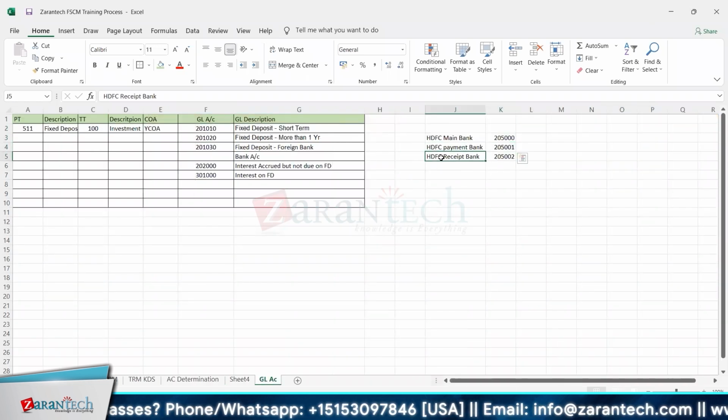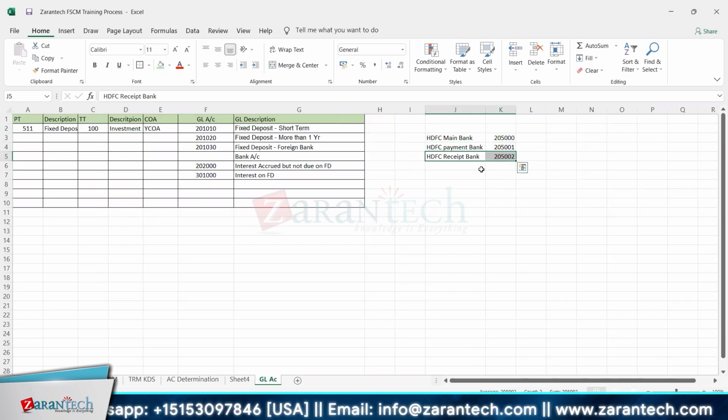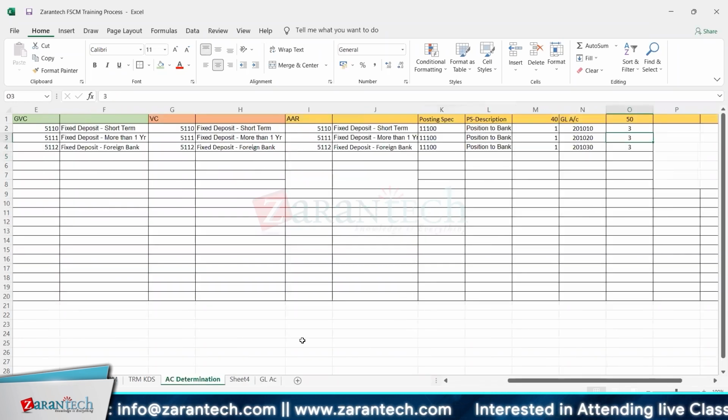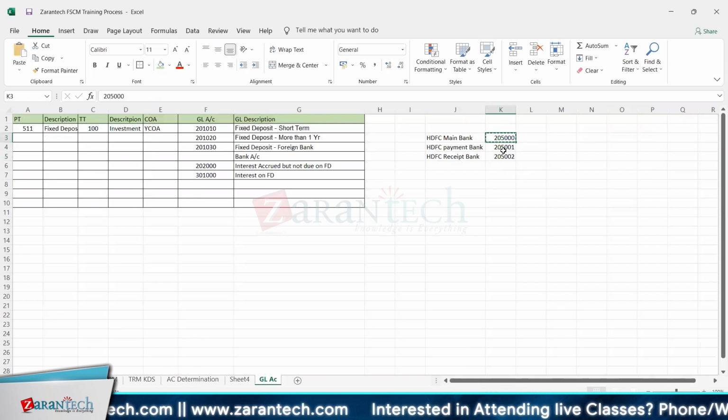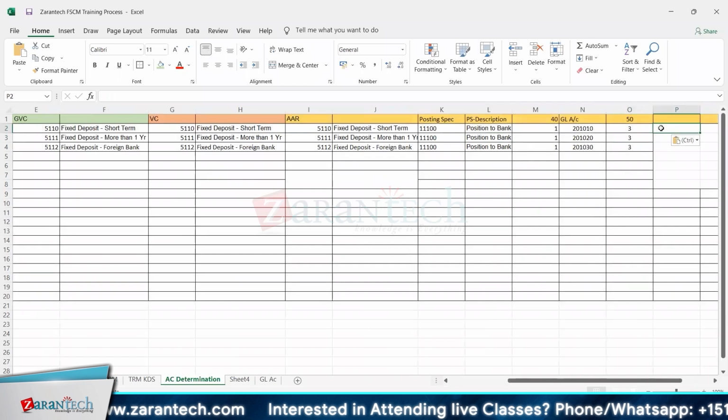And when I'm getting the fixed deposit as a matured amount, it should come to the receipt account. But for the time being, I'm going to use one GL account. That derivation we will do later, because one by one we need to learn the process. So for the time being I'm going to use this main GL account.